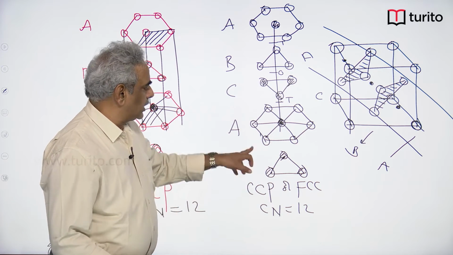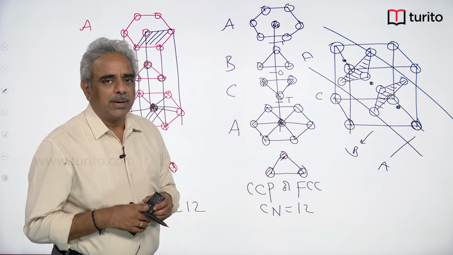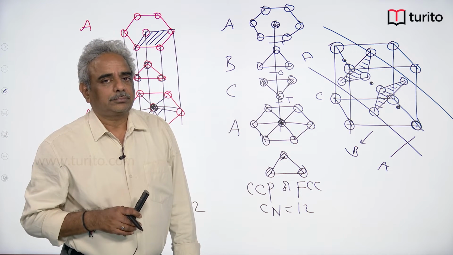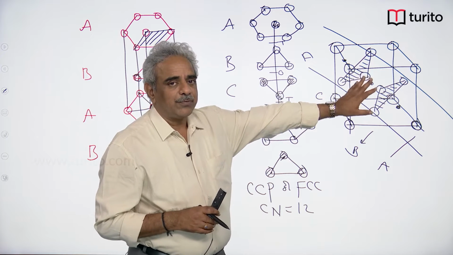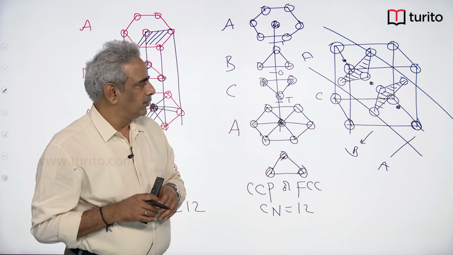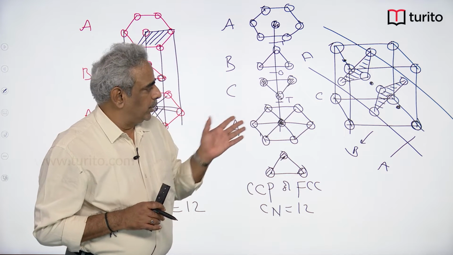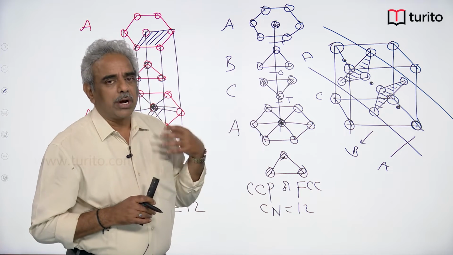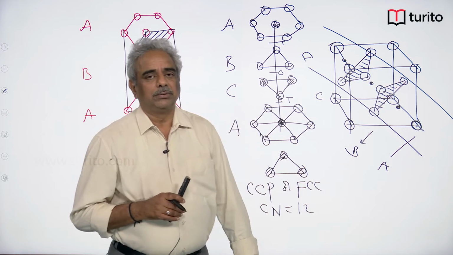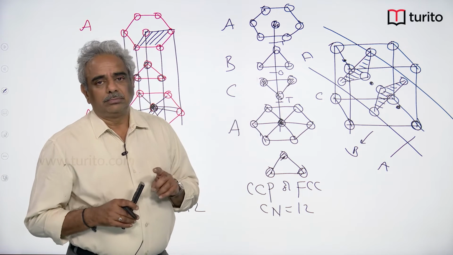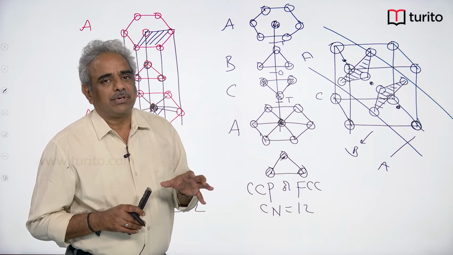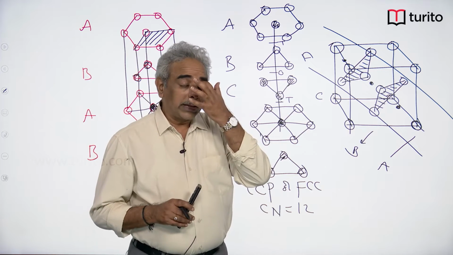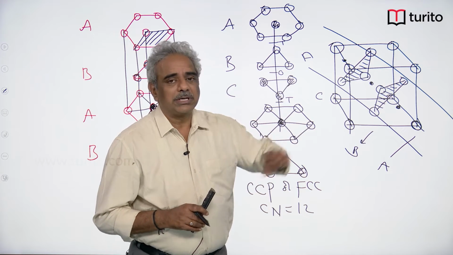So, happily whenever you come across CCP or FCC arrangement, ABC arrangement, this is the unit cell, just take it granted. Your cubic system FCC unit cell is the unit cell representing this. Now, what should we do interestingly? By the way, how to decide the coordination number is 12 using this unit cell? These two being similar in packing efficiency and coordination number, this unit cell must represent its packing efficiency and its coordination number by unit cell itself.